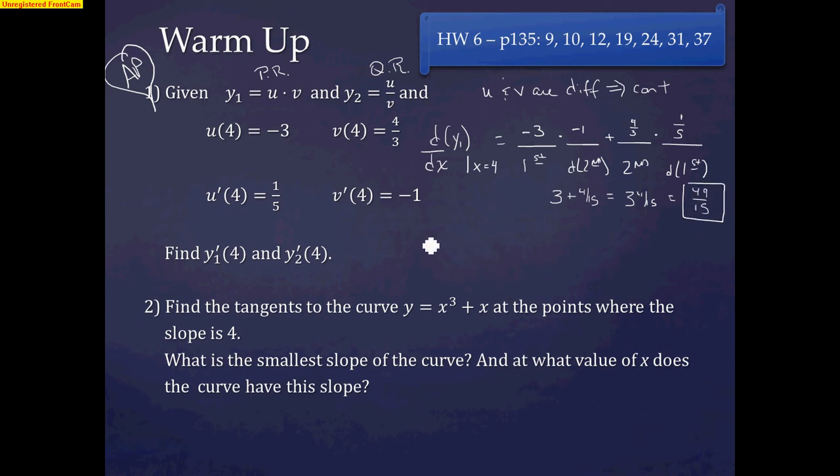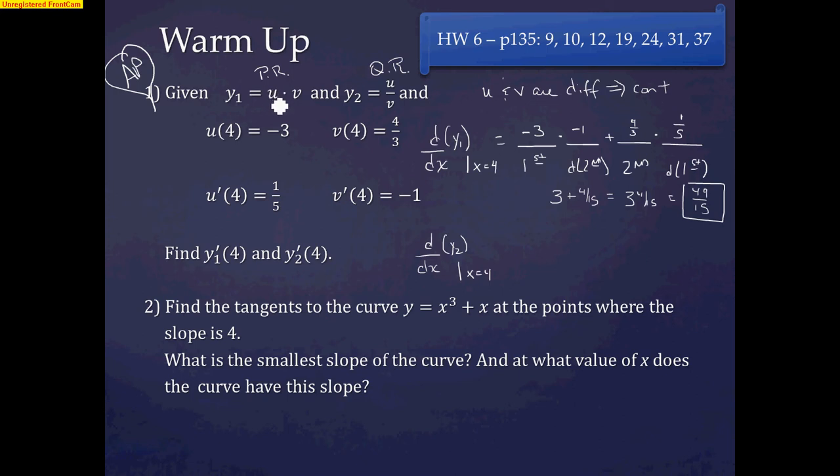Now let's do the derivative with respect to x of y2 at x equals 4. So y2 is a quotient. I cannot just take the derivative of u and the derivative of v and divide them. That's the trap they're laying for you. Same with the product rule.